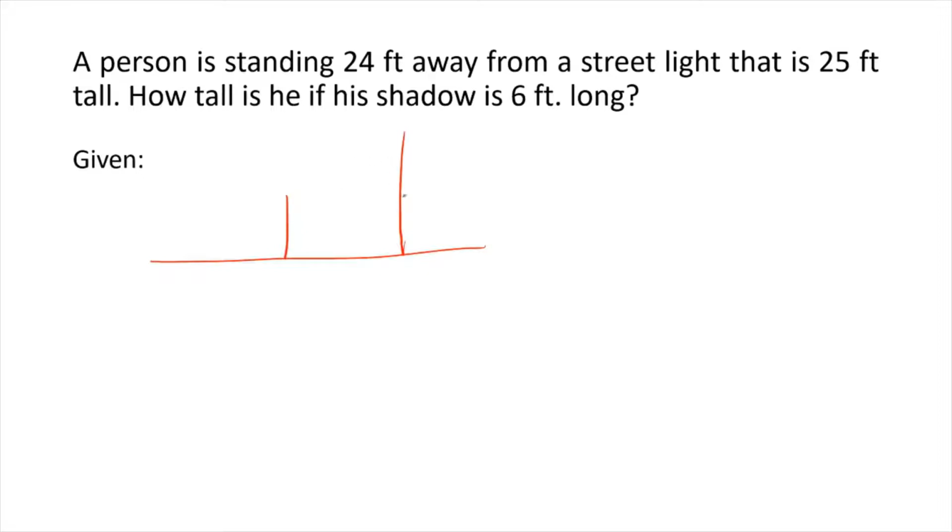The street light is 25 feet tall. The height of the person is unknown, so we can call this x feet. The person is standing 24 feet away from the street light, so this is measured as 24 feet.